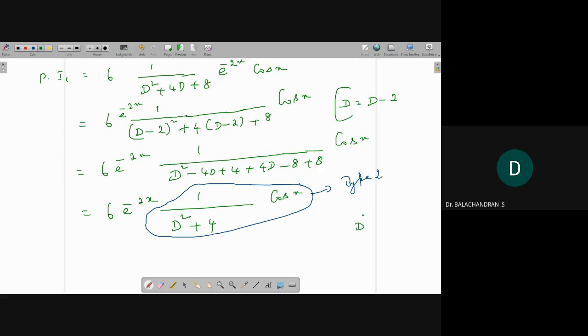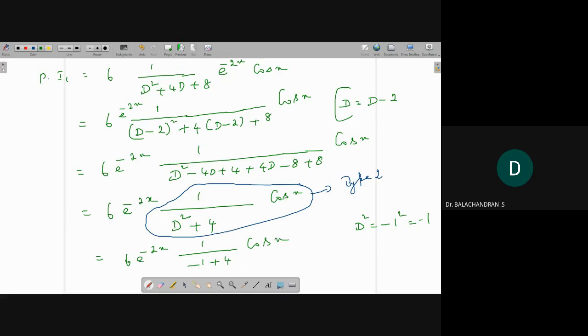In type 2, we will replace d square by minus a square. Here a is 1, so minus 1 square, that is minus 1. So 6 into e power minus 2x, 1 by minus 1 plus 4, into cos x.